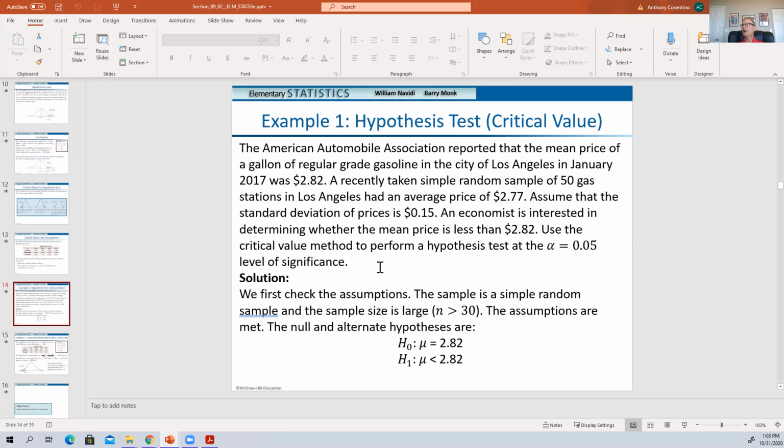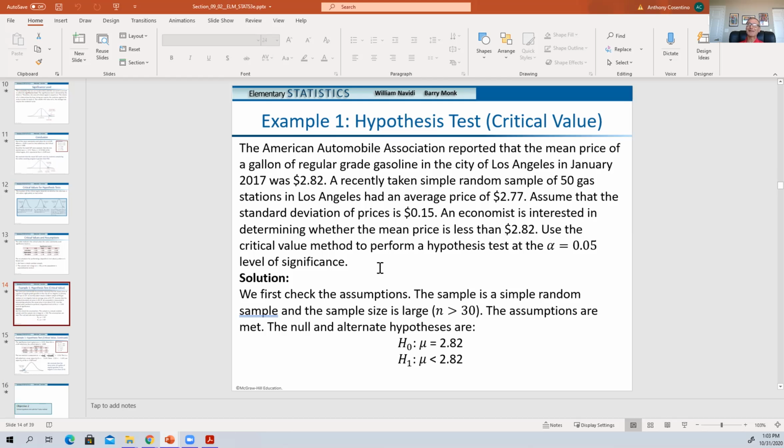So let's do one more example. This one states that the Automobile Association mean price of a gallon of gas in LA in January of 2017 was $2.82. They recently took a random sample of 50 gas stations, so it's greater than 30, and the average price was $2.77. And so here we go. You have to have the standard deviation of the population.